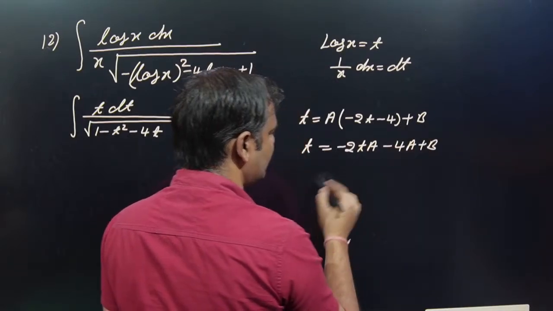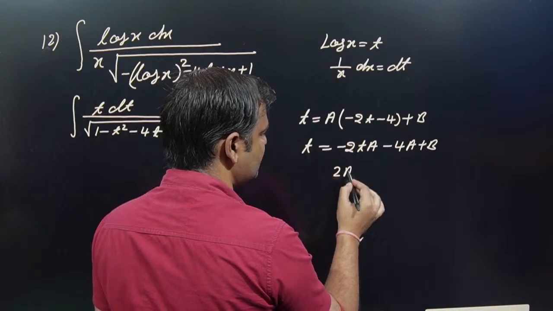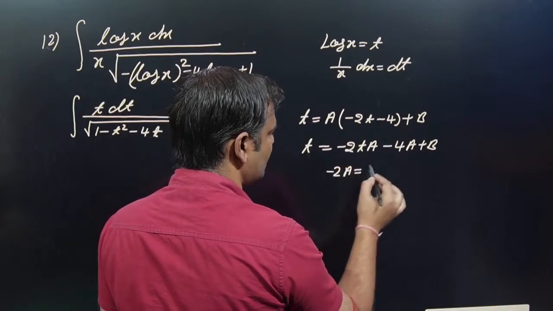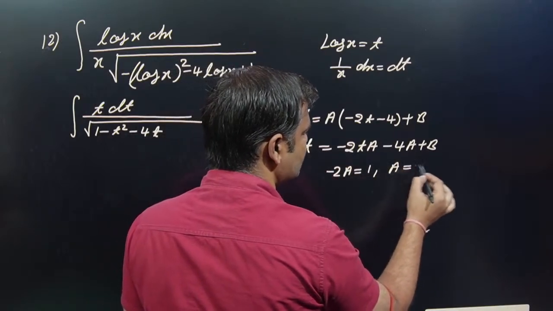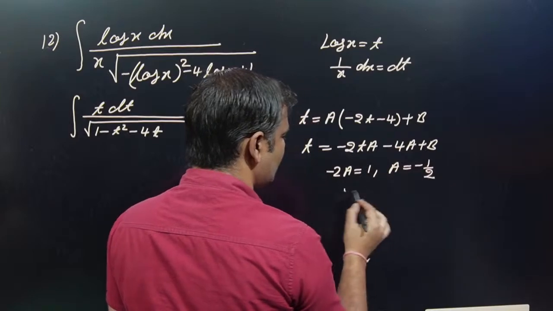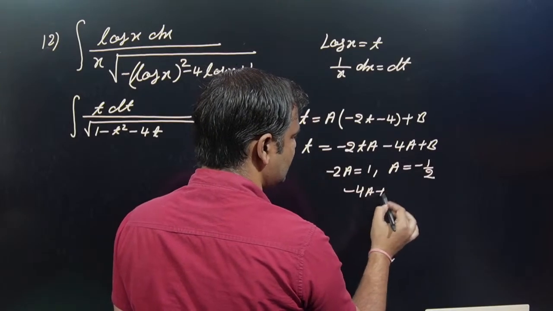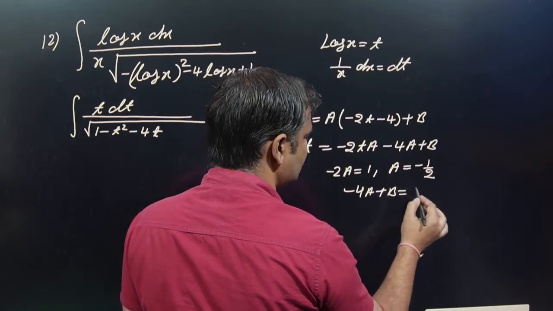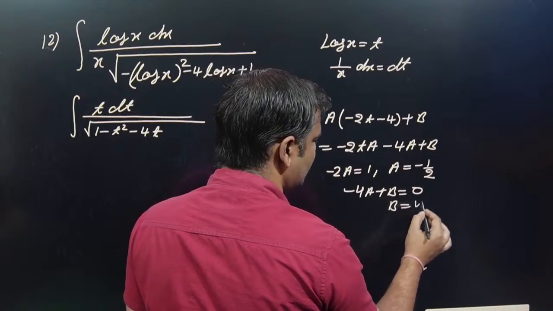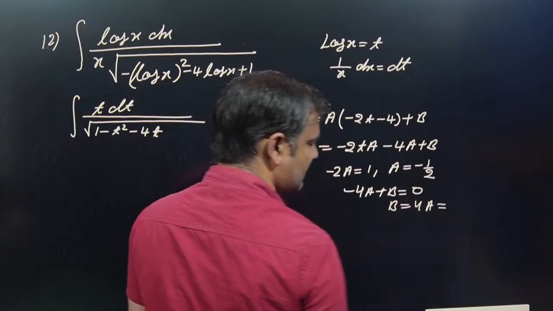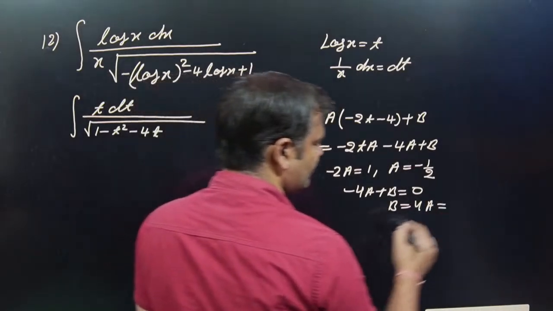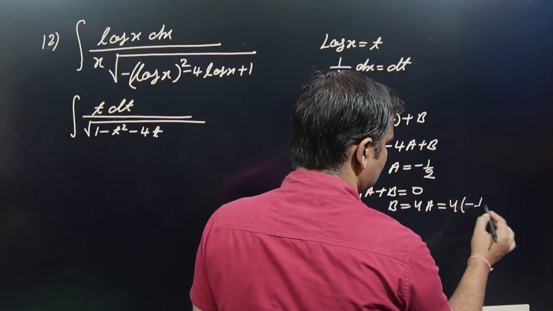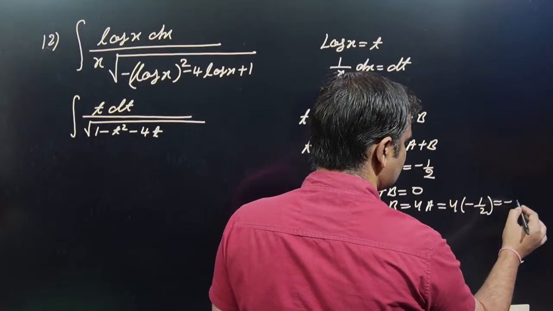Now compare: minus 2a will be equal to 1. So a is minus half. Minus 4a plus b will be equal to 0. So b will be equal to 4a. Okay. So 4 into a, a is minus half, so that is minus 2.